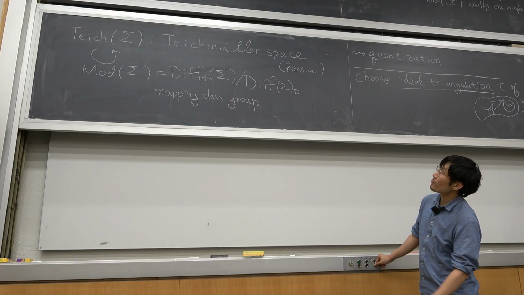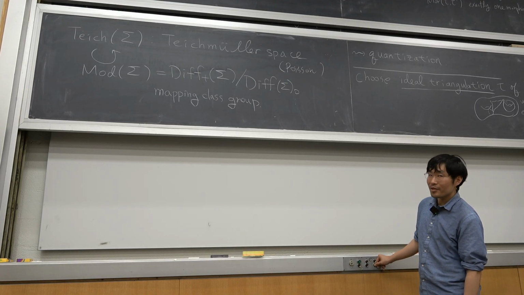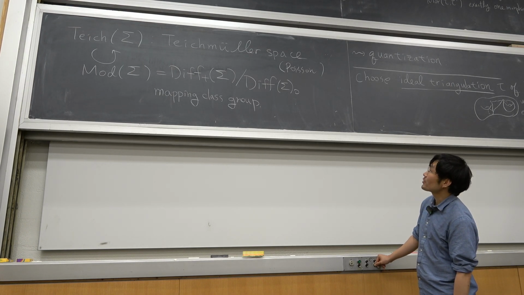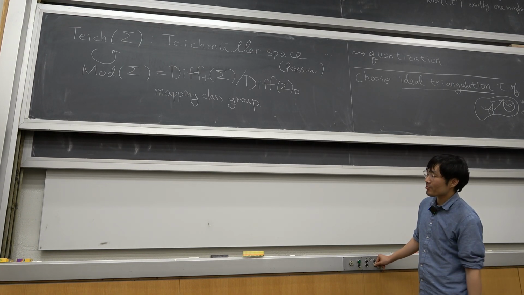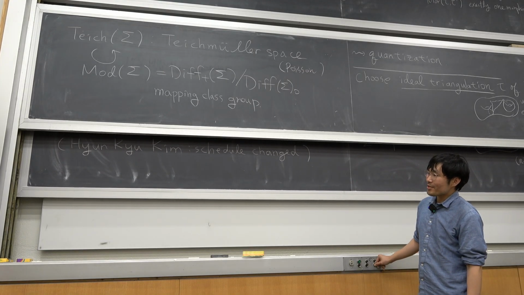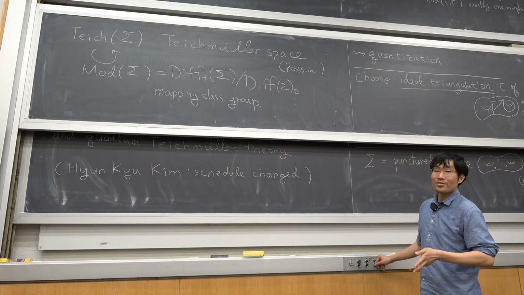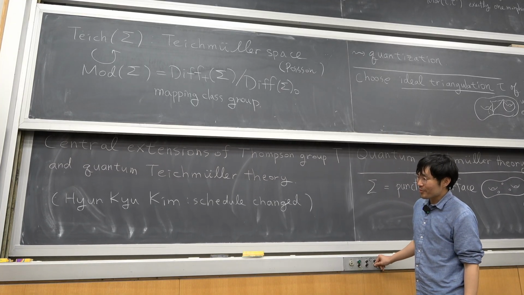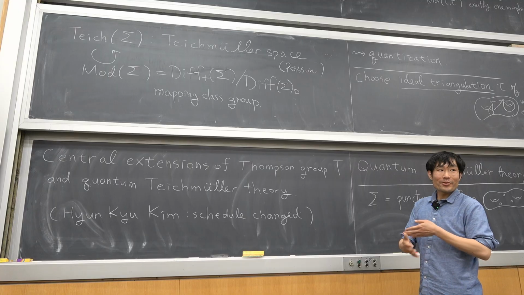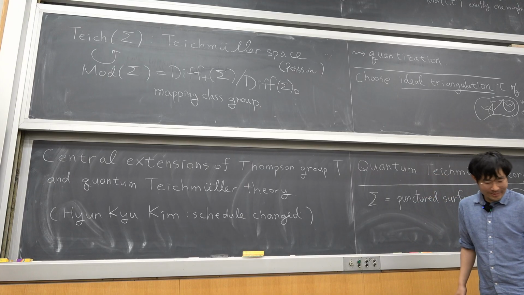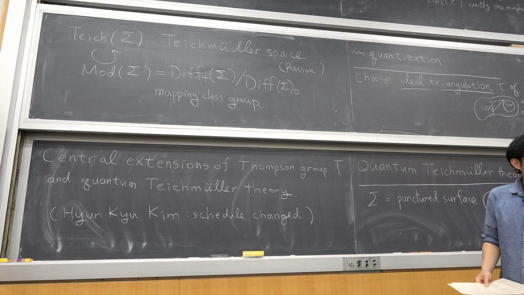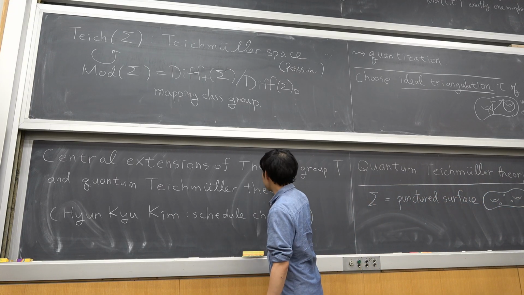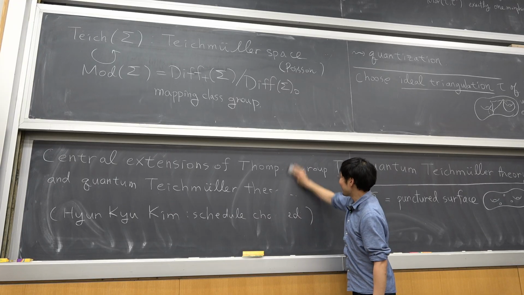Penner was working with the decorated Teichmüller space associated to ideal triangulations, and his functions, lambda length coordinates: when you change the ideal triangulation by exactly one edge, the coordinate change formula for the functions on the Teichmüller space looks like the Ptolemy relation. But I'm not giving you the formula. Let me write down the formula then. Okay?